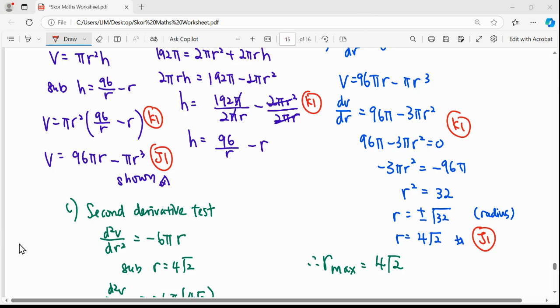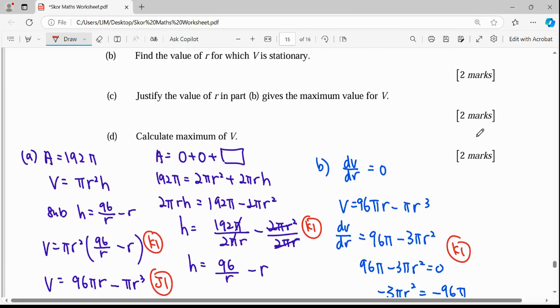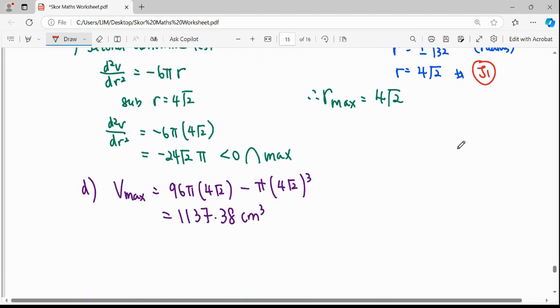Then to verify it is a maximum, we use the second derivative, we differentiate. Then we substitute our r to test it here.